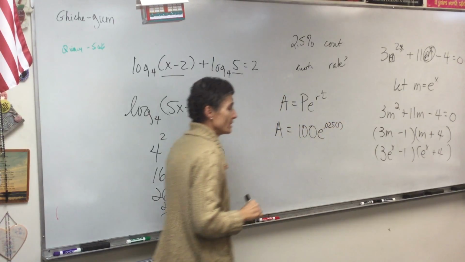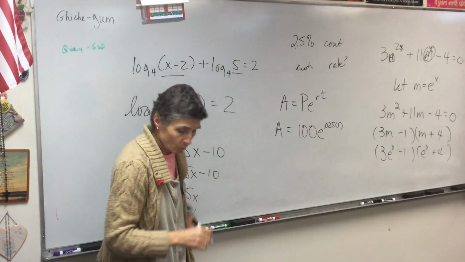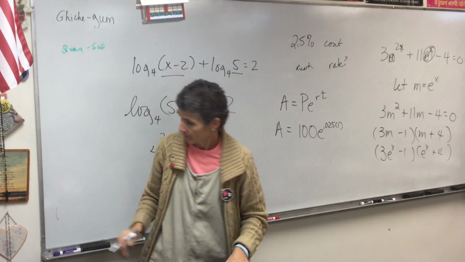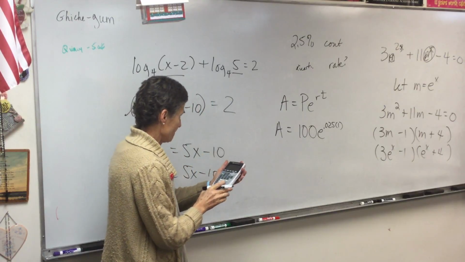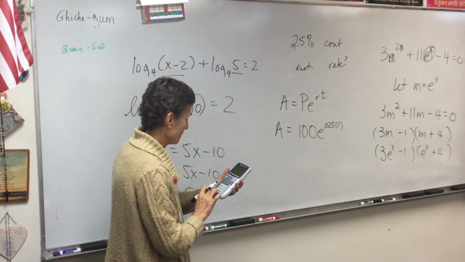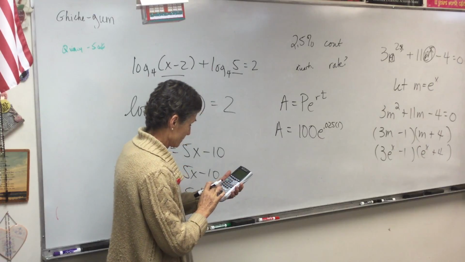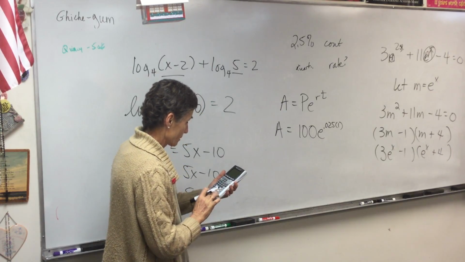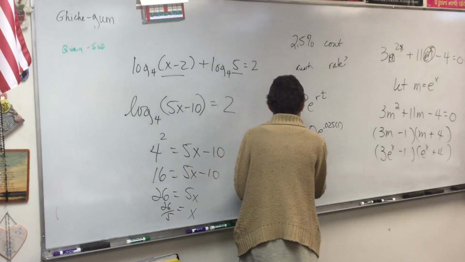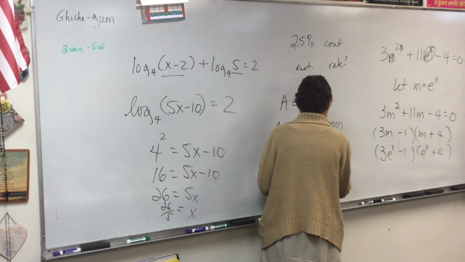Let's just do it for 1 year. Well, how much money would I have? Do I need logarithms to figure that out? Nope, I just type it in. So I would have $102.53.